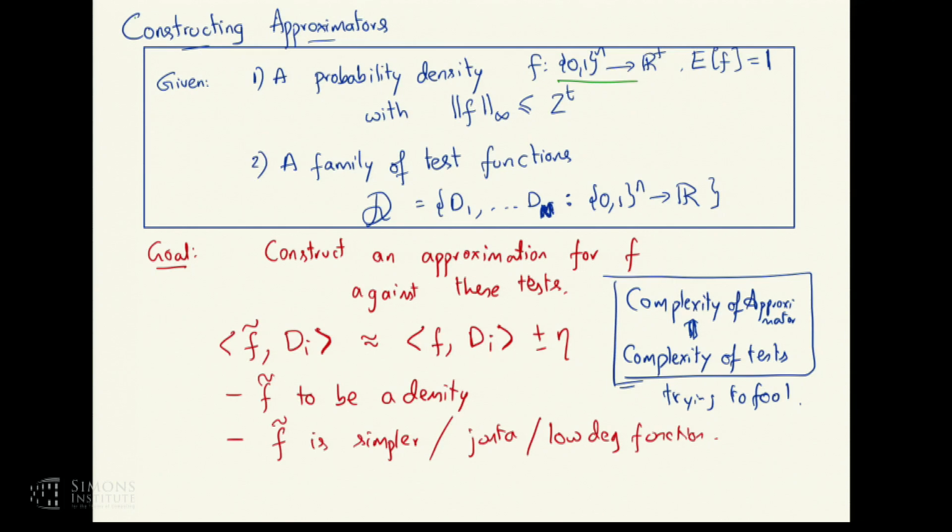One thing that's true is that in many situations in complexity theory, this happens quite often: when you're trying to approximate an object, the complexity of the approximator depends on the complexity of the test that you're trying to fool, rather than the complexity of the object itself. This is very obvious if I say di is all low degree functions. Suppose I say di is all low degree functions.